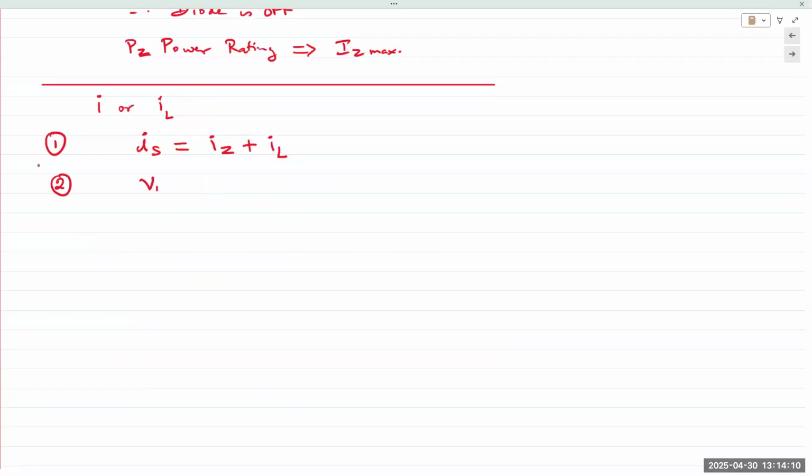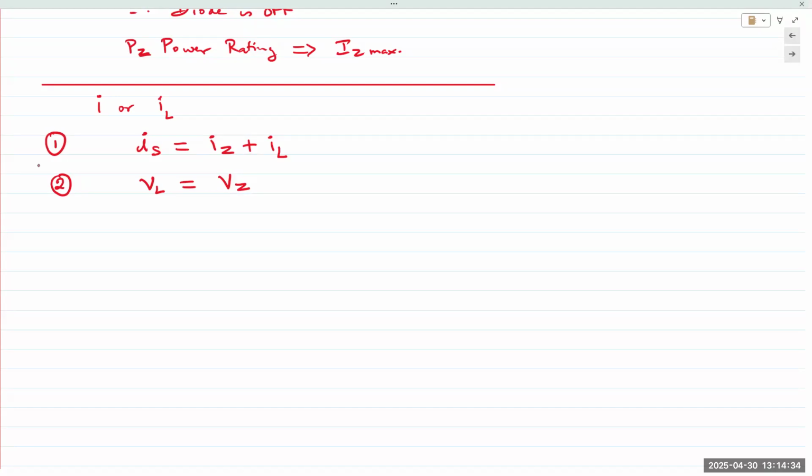Second one, VL, the voltage at the output, is equal to the Zener voltage. They're in parallel, right? So the voltage at the load is equal to the Zener voltage, VZ. So VL is equal to VZ.